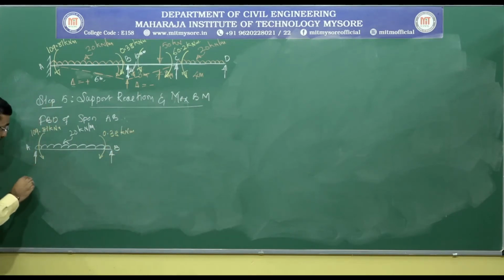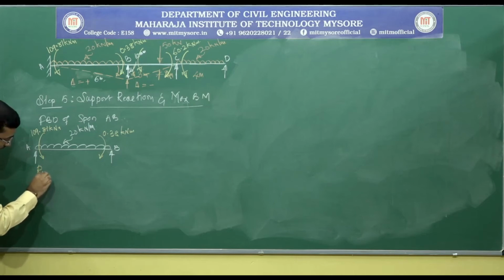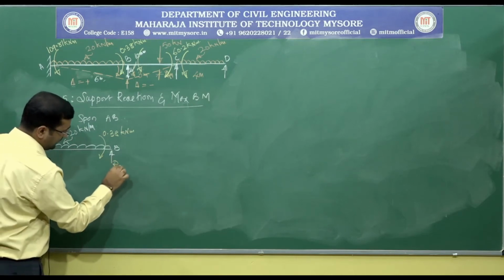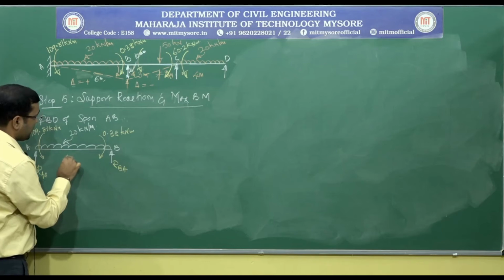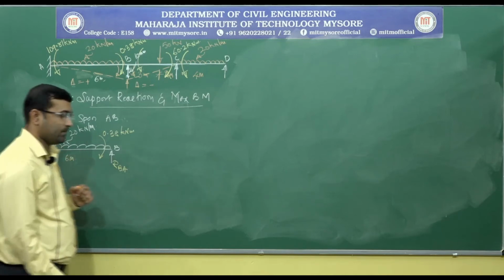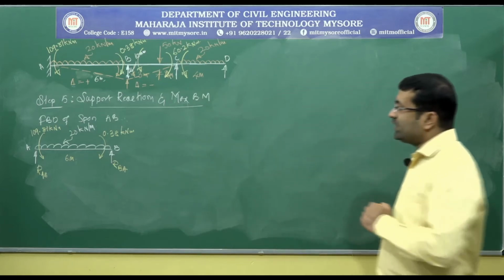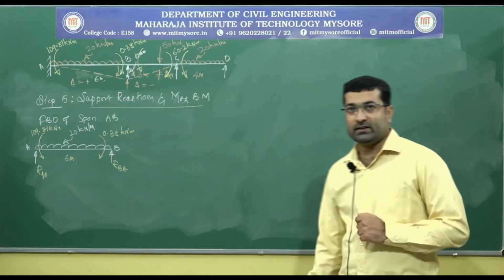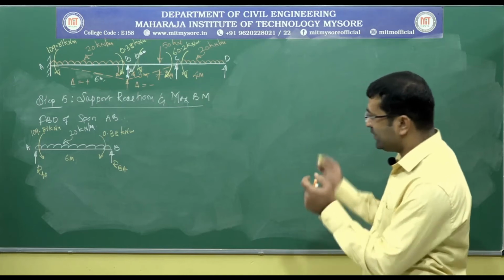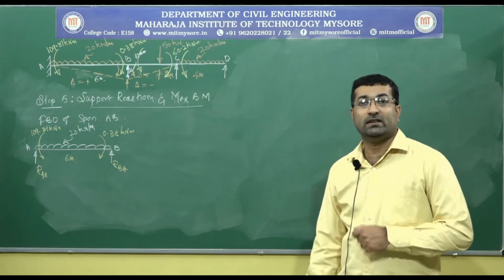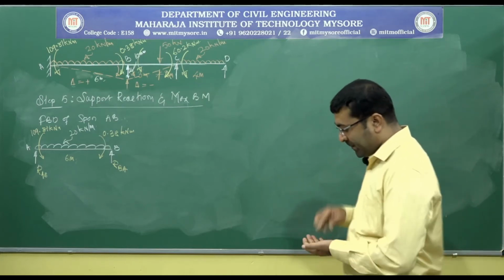So, let me call this support reaction as RAB and this as RBA. The span is 6 meter. Okay. So, for this we need to calculate RAB and RBA, the support reactions, and also in the span we need to calculate the maximum bending moment.